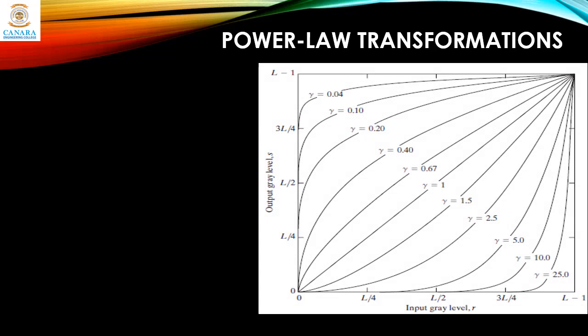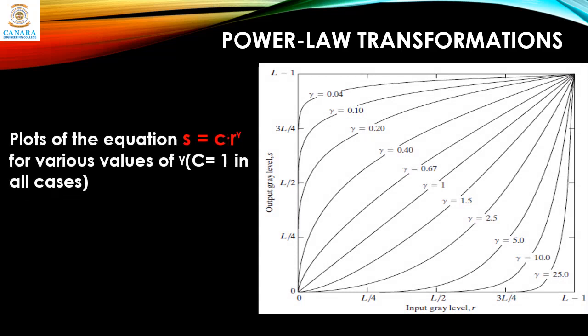These are the transformation curves that you can obtain by varying the values of gamma, and you can see here for values of gamma less than 1, the curve will resemble a logarithmic transformation curve where the image becomes a bit brighter as we are expanding on the low intensities.